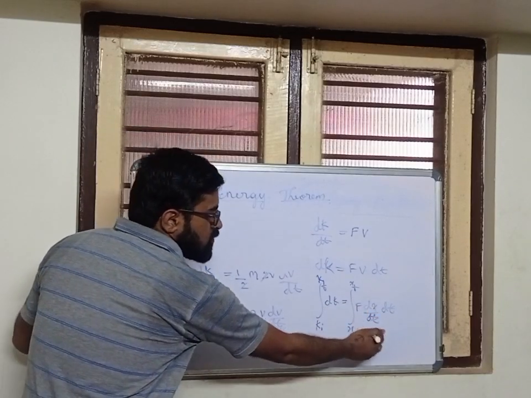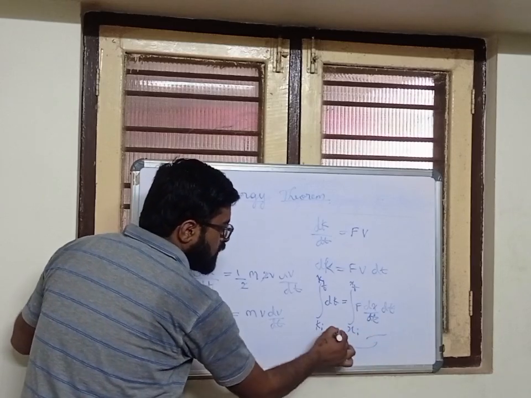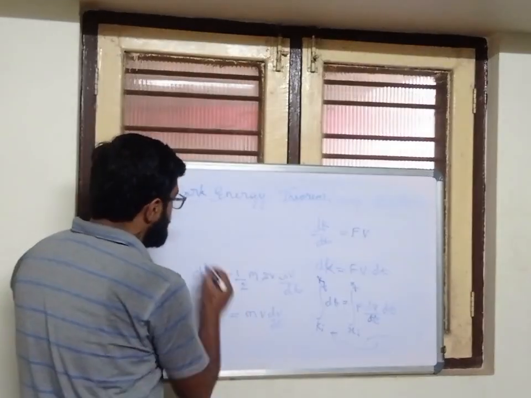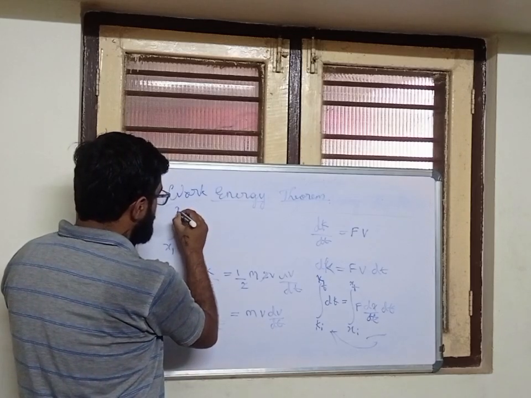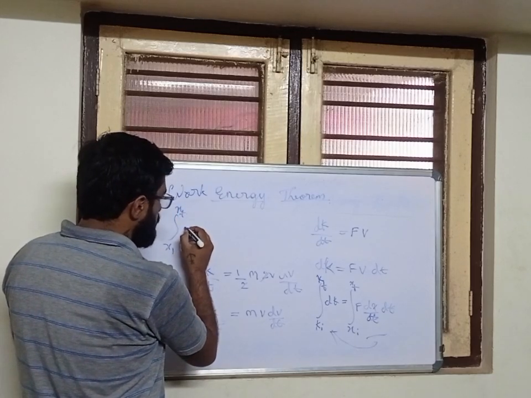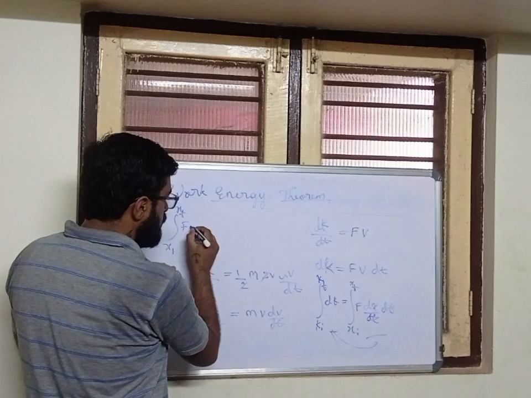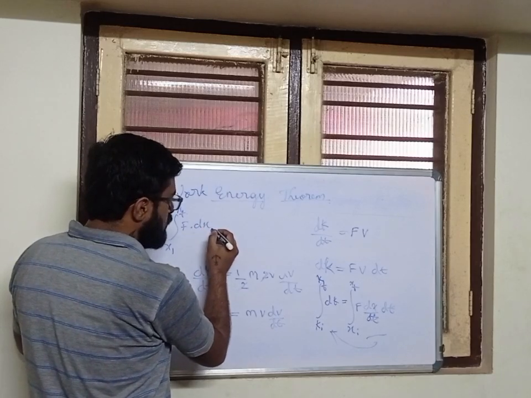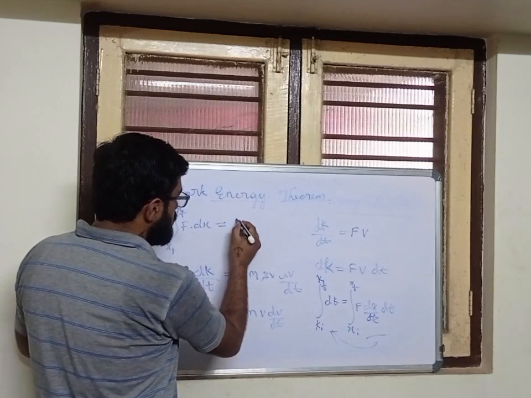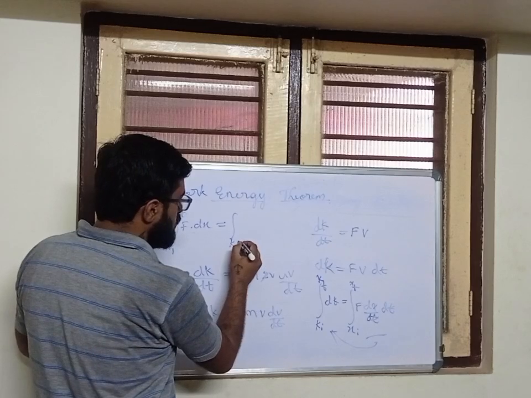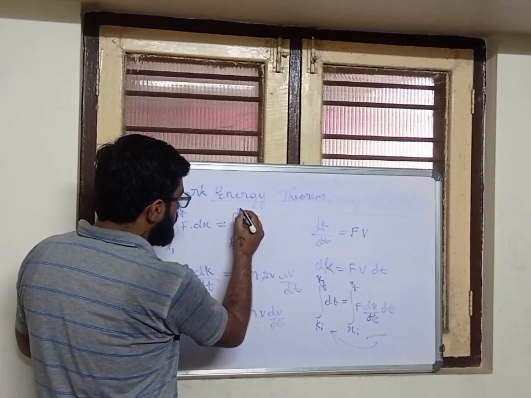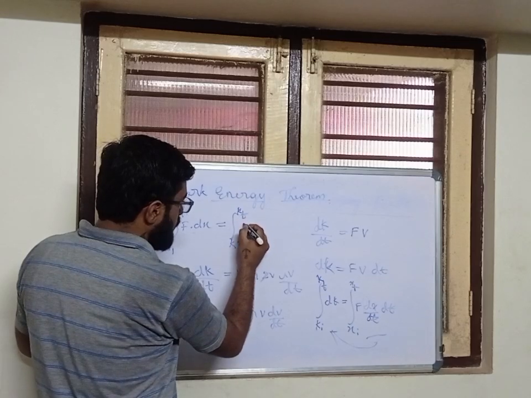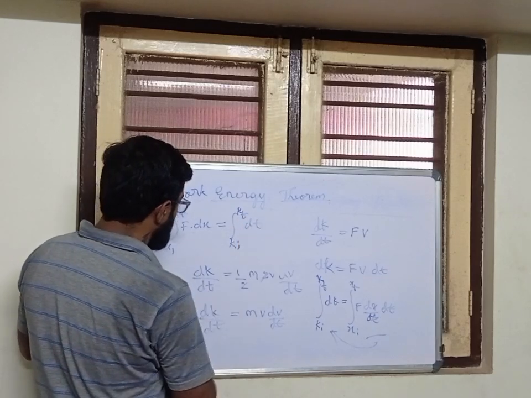If we take this one here, we get the integral from xi to xf of F into dx. This is equal to the integral from Ki to Kf of dK.